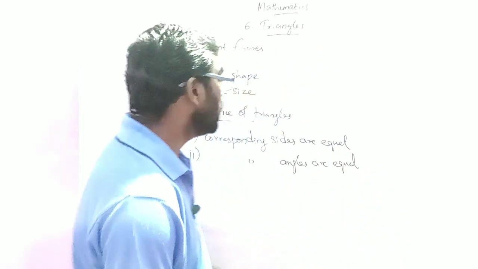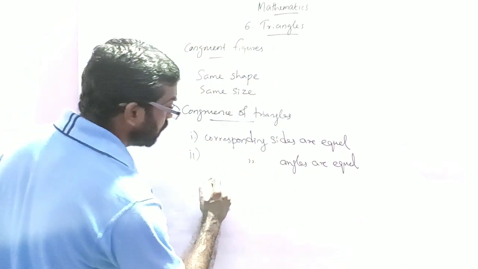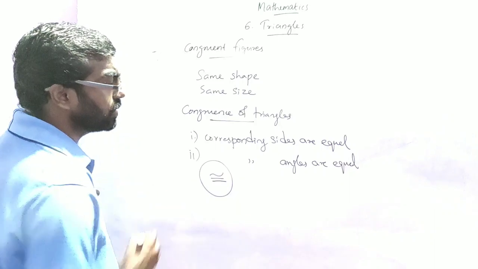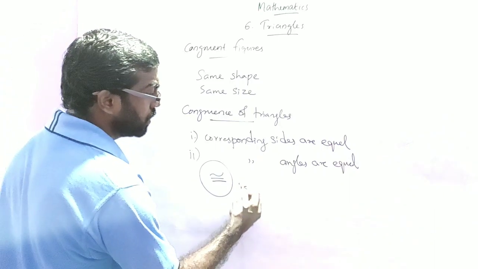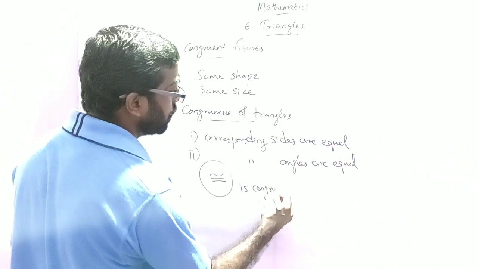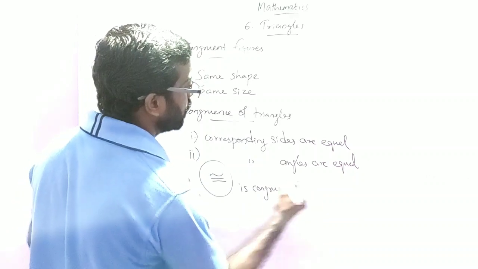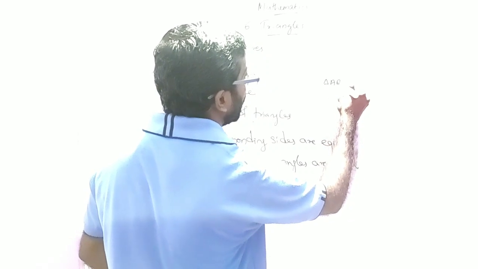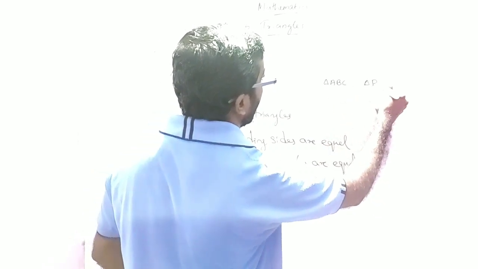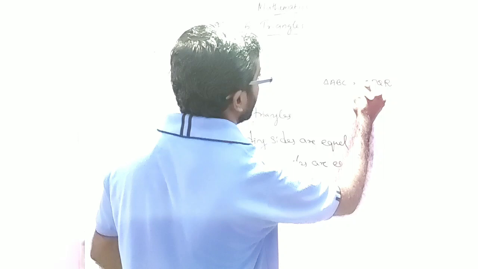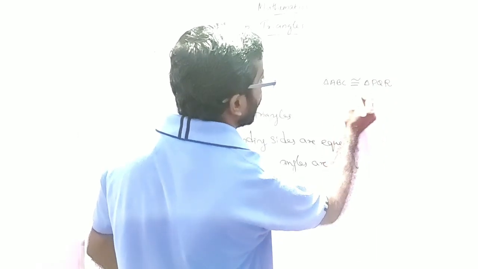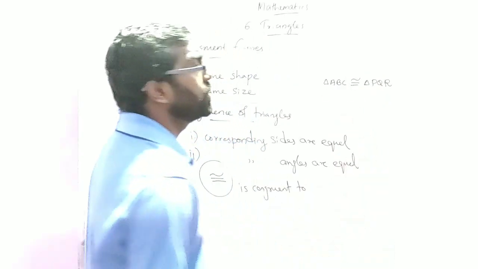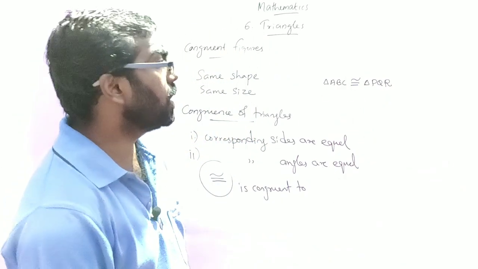And we denote the congruency by this symbol, which denotes "is congruent to". For example, if you want to write triangle ABC is congruent to triangle PQR, we can write it in symbolic form as triangle ABC, then the symbol, then triangle PQR.